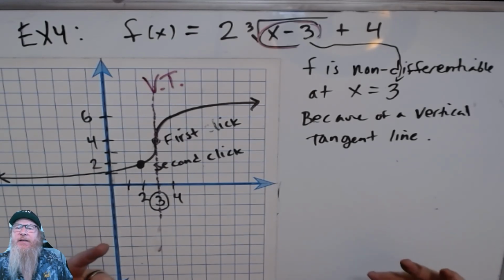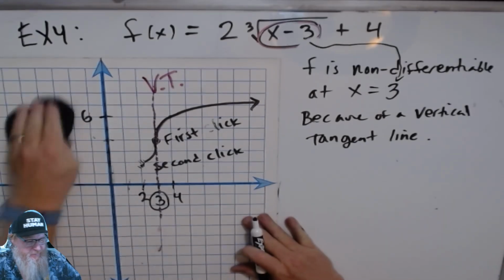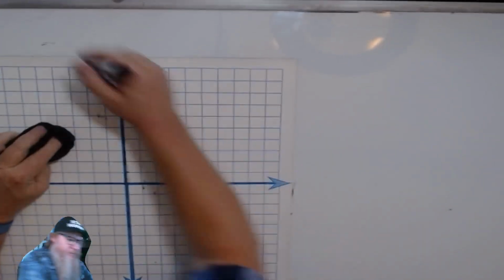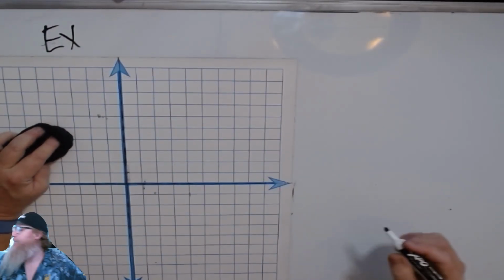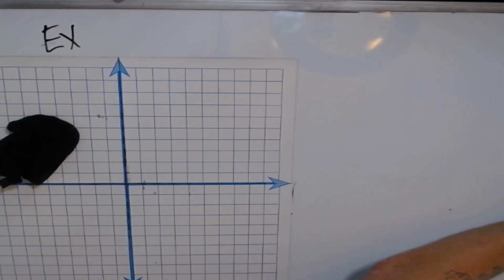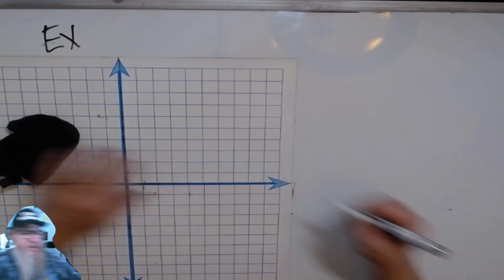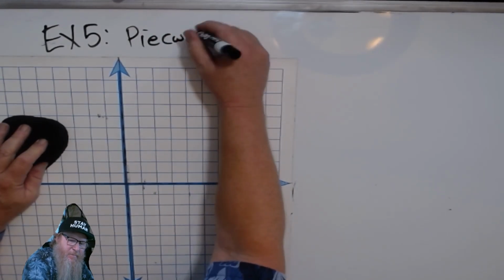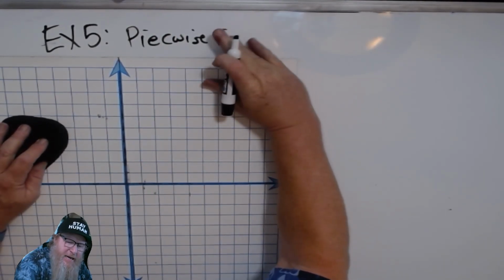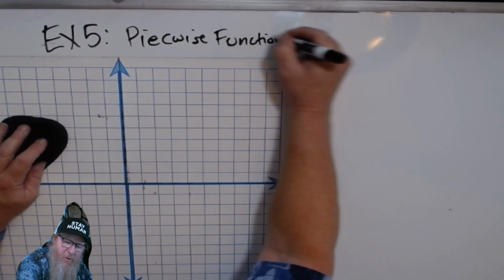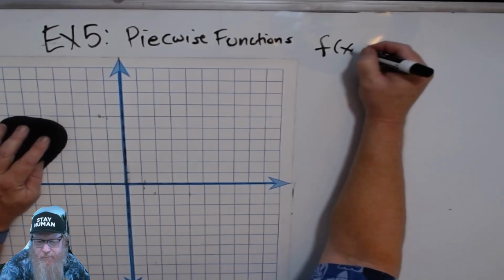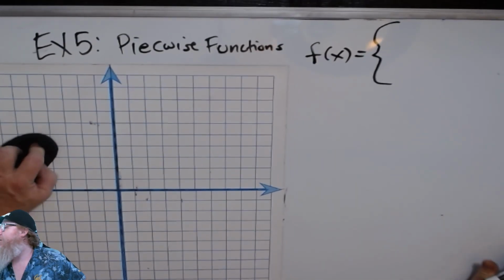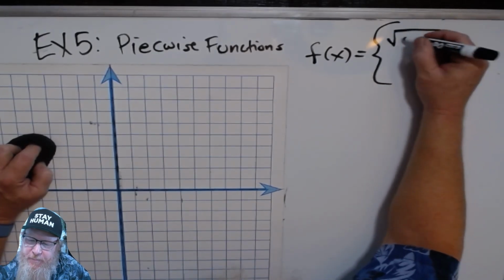So next, let's talk about piecewise functions. Example 5. With piecewise functions, we're looking for all the different possibilities, but mainly what we're looking for is a jump.